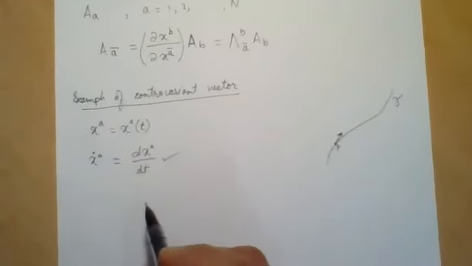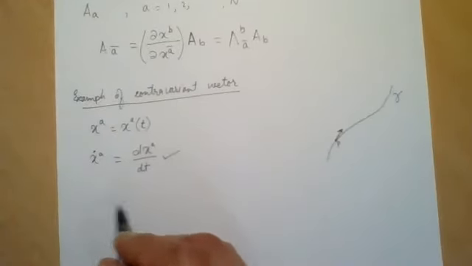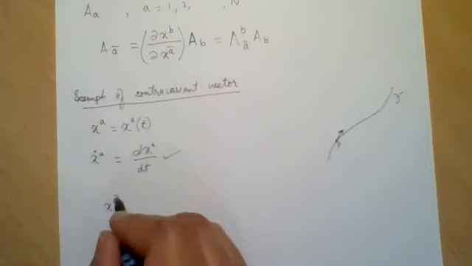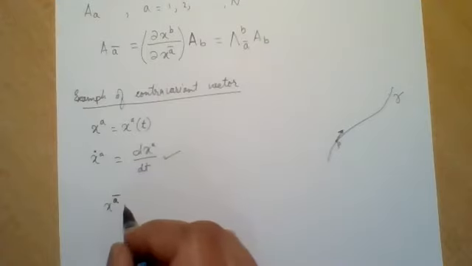So in the bar coordinate system, the coordinates of the point will be x a bar in the bar coordinate system.